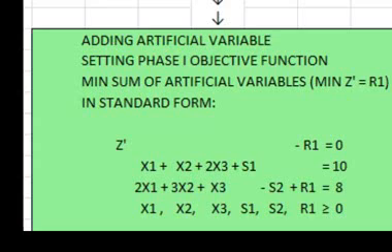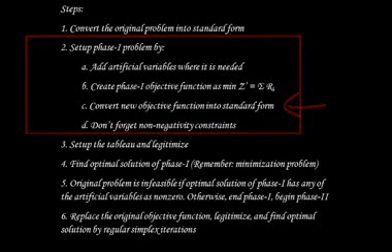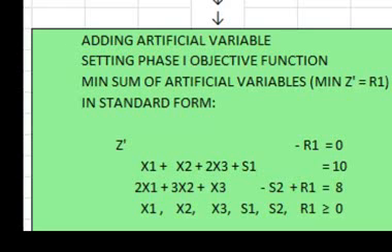The objective function of phase 1 is a minimization. So in this case we are going to write minimize z prime, just to distinguish it from the original z, minimize z prime equal to R1. We will convert that into standard form, so R1 will come to the left side of the equation and set everything equal to 0.